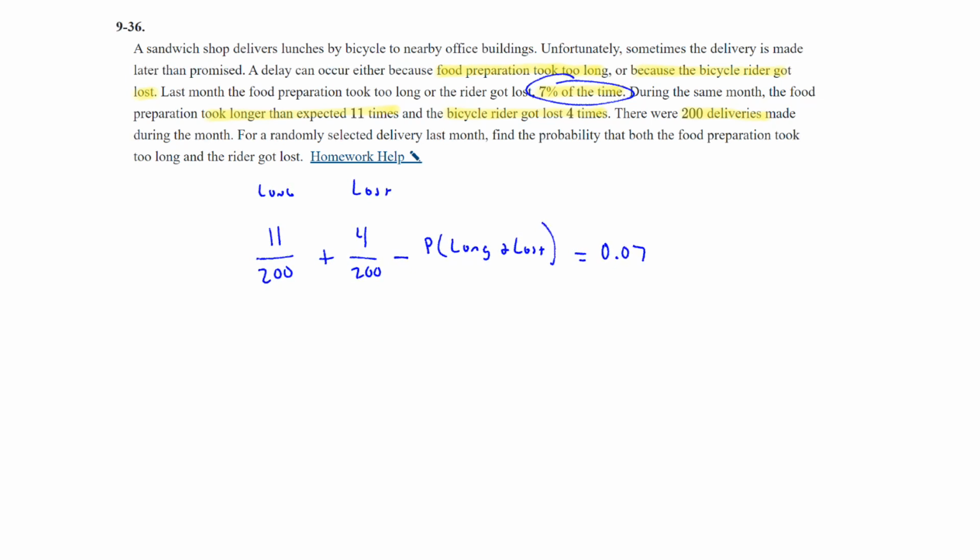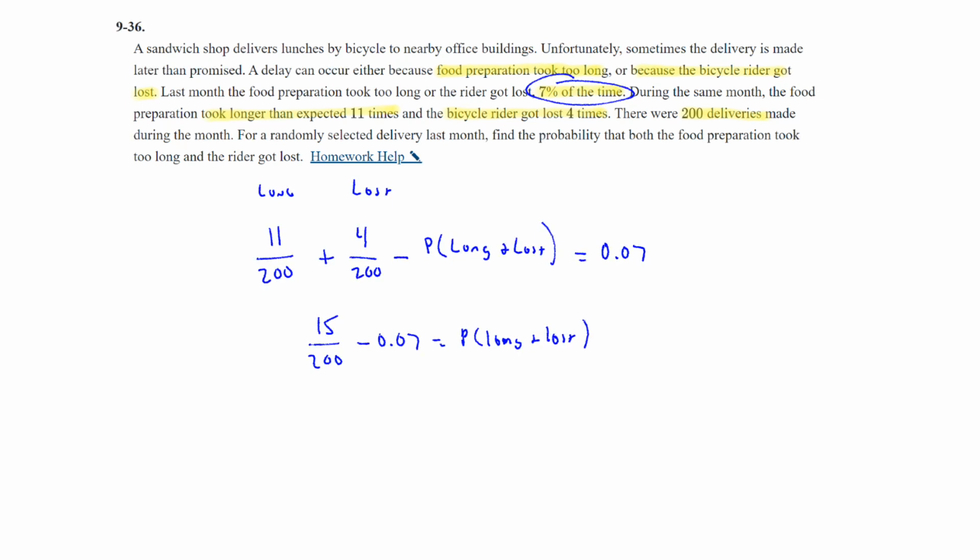And so now we need to solve for that piece in terms of the probability. So to solve this, we can combine 11 over 200 plus 4 over 200 to be 15 over 200. I'm going to add the probability to the other side and subtract the 0.07, so I'm going to switch some places here, but then this is the probability that it took too long and the bike rider got lost.